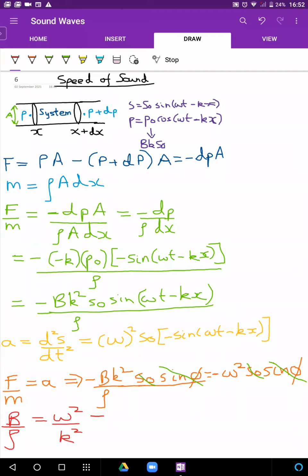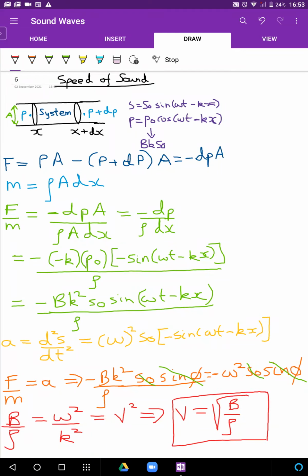So B by rho is velocity ka square, which gives me velocity of sound as root B by rho. And this is the velocity of sound in air. Okay, so this is an important formula. This is in fact the velocity of sound in any fluid. Speed of sound in fluids.